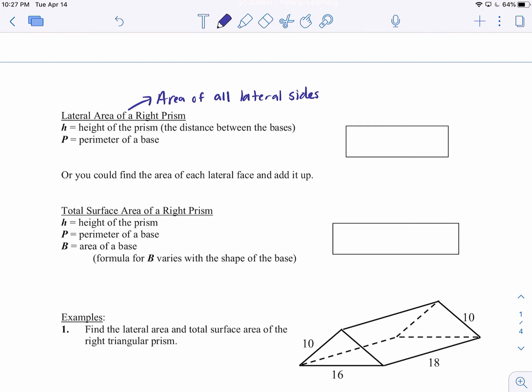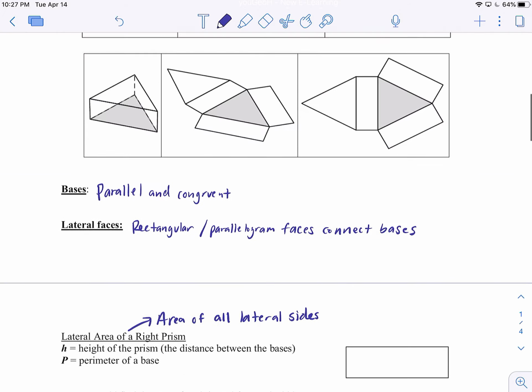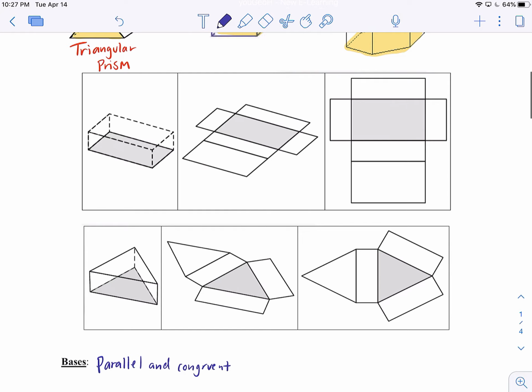So as we think about this, as we look at our different rectangles, what you can start to figure out is that when we open this up, I'm actually going to consider the two little flaps over here to be my bases.